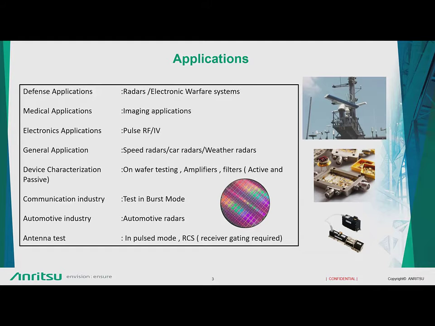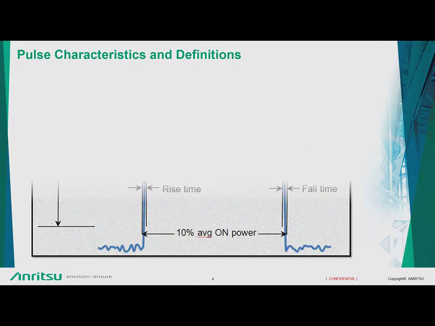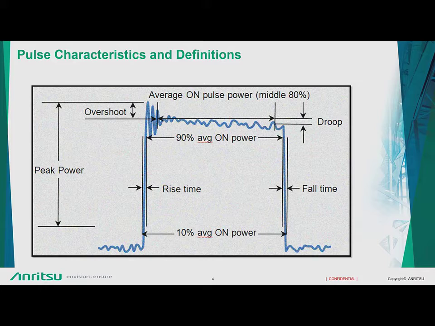Moving on, there are some basics that we need to cover on the pulse characteristics and the definitions. As you can see, a pulse is a kind of small packet of energy which is on for a shorter duration of time and off for a longer duration of time, and those definitions we will also cover. But as you can see from this diagram, there are some key important terms like the rise time, and there are different percentages associated with the rise time, like 10% rise time or 90% rise time.